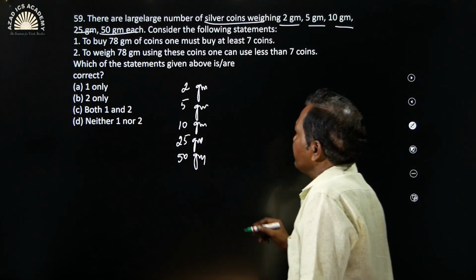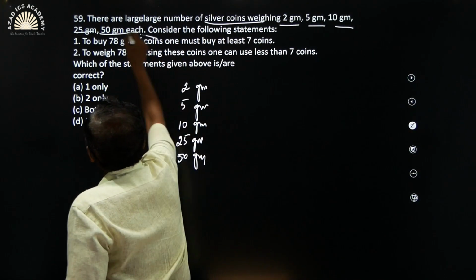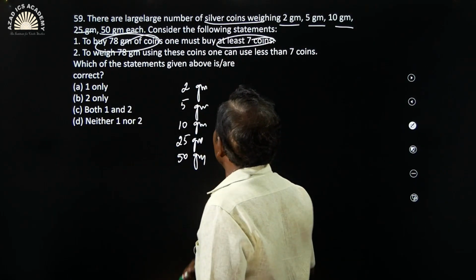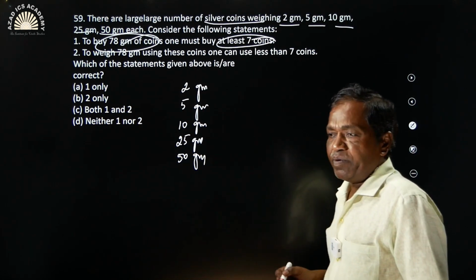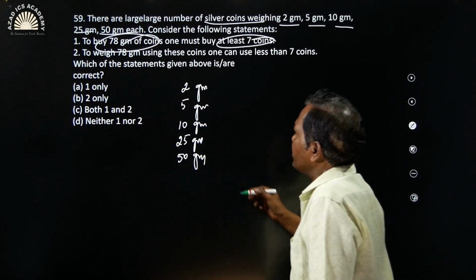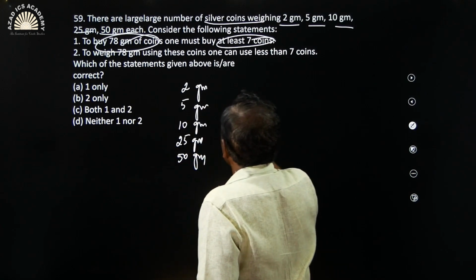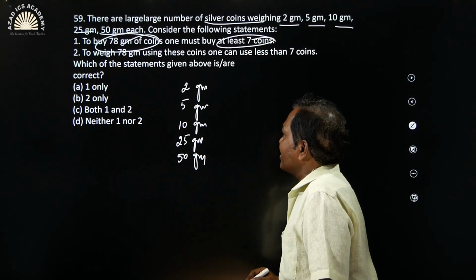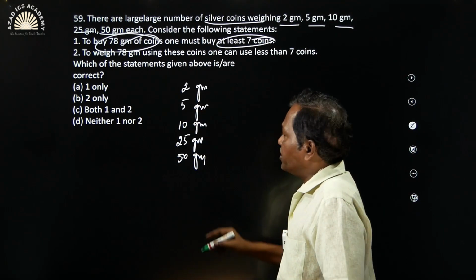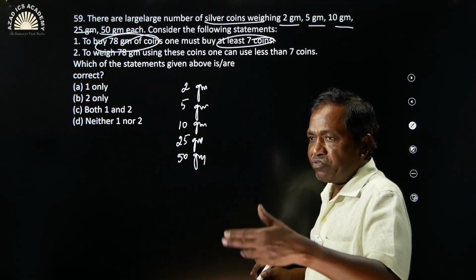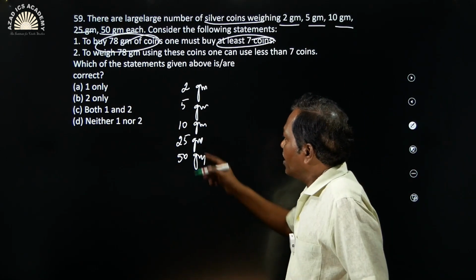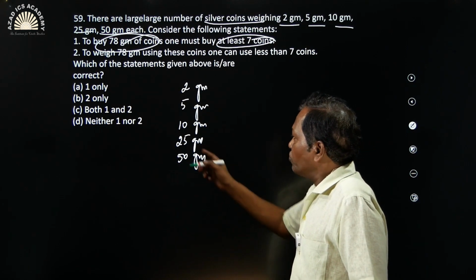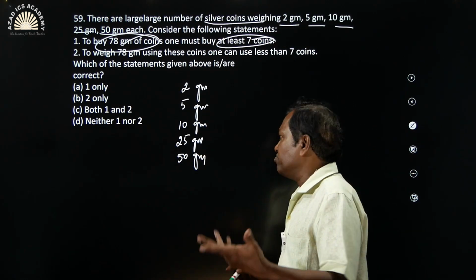Now see, to buy 78 gram, one must use at least 7 coins, at the minimum. It can be more also, 8 or 9, but the weight should be 78 gram. How do we arrive at 78 grams? Multiples of 5 are only 5, 15, 20, 25, 35, and multiples of 10 are 10, 20, 25, 50, 75.